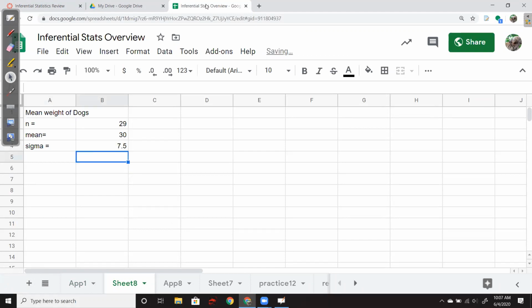And you could use one of those pre-built spreadsheets, but I like to do this because it helps me think about it. I know the confidence level, that is 99%. And we're also going to want alpha, and alpha over 2.